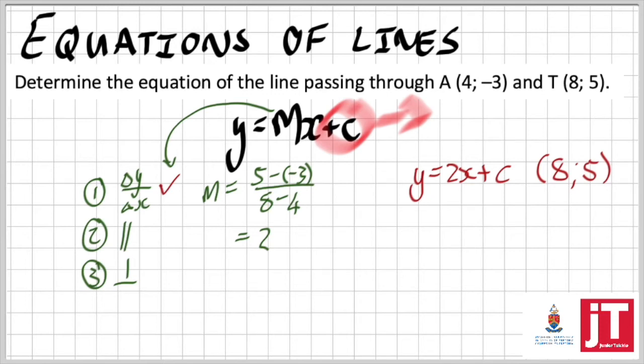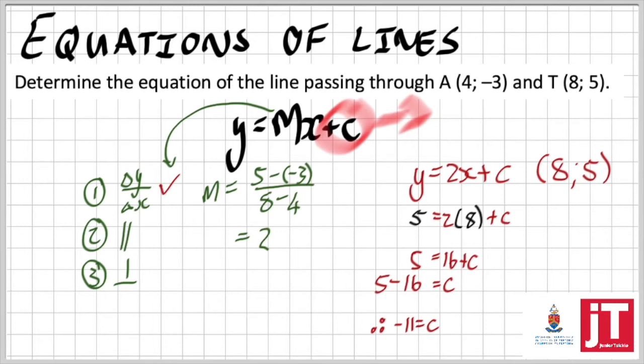I'm choosing (8, 5) for the simple reason that there's no negatives in there. You could use the (4, -3) and get the same answer. So I'm going to substitute that into x and y, and determine a value for c. So c is -11.